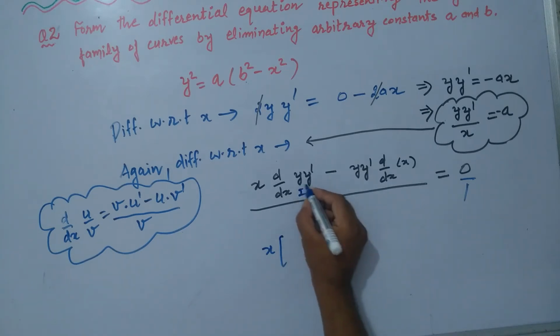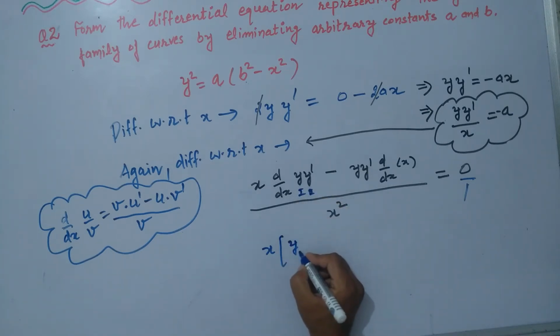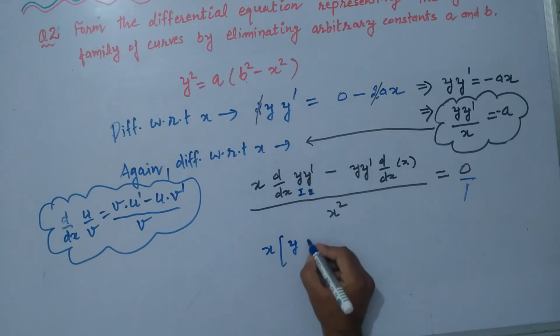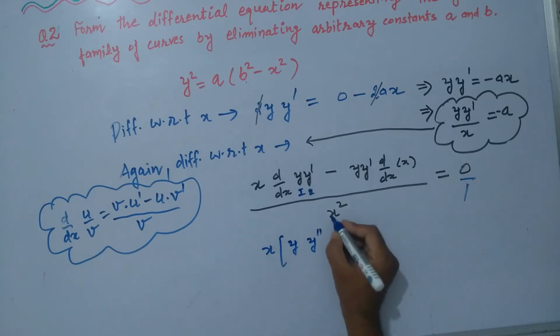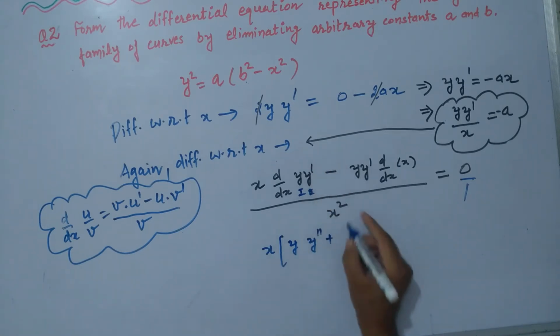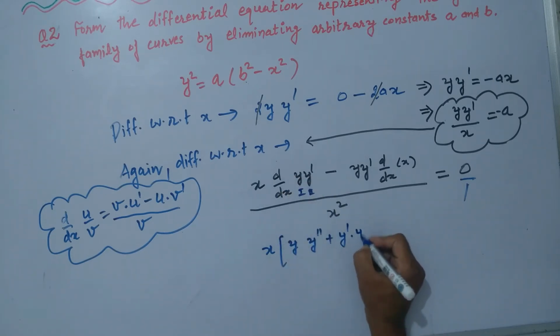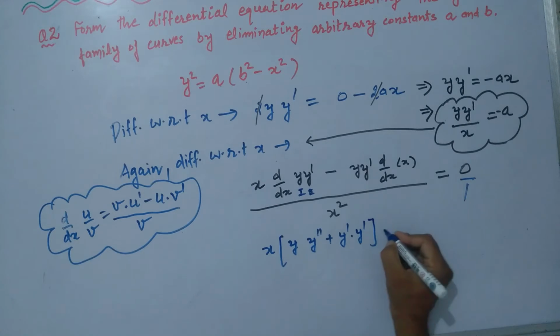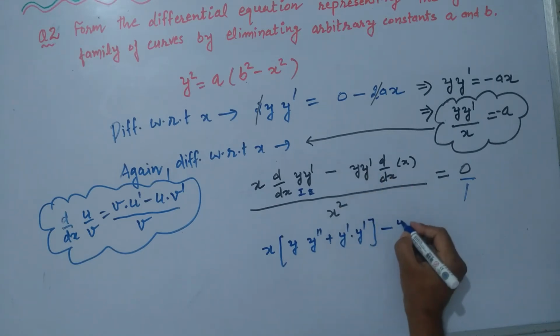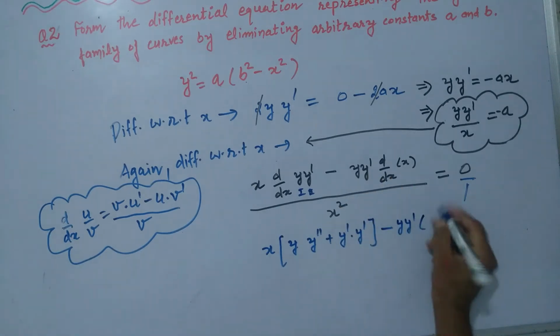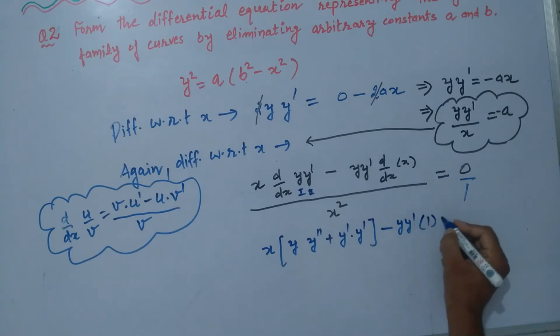How to find the derivative? First function as it is, derivative of y dash becomes y double dash, plus second function y dash as it is, derivative of y is again y dash, minus y dash, and derivative of x is 1.